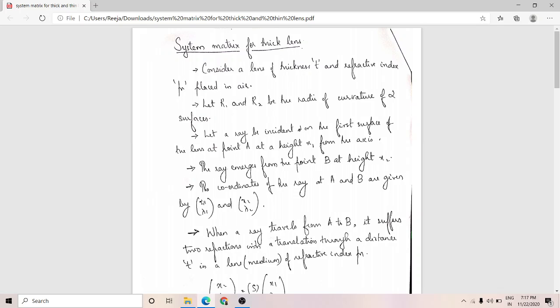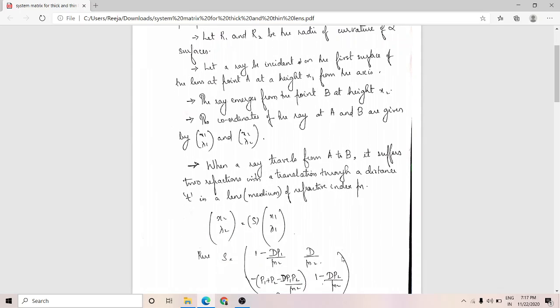Now, if x1 and alpha 1 are the coordinates of the ray at the initial point A and x2 and alpha 2 are the coordinates at the final point, then as the ray travels from A to B, it will suffer two refractions and a translation.